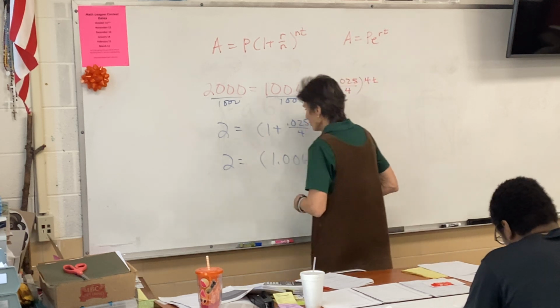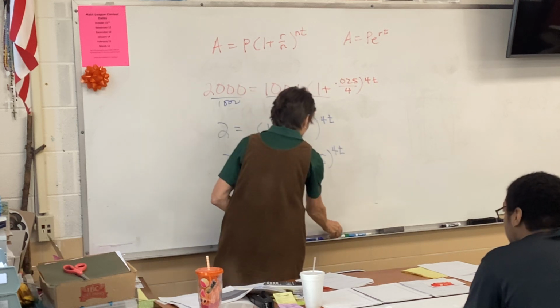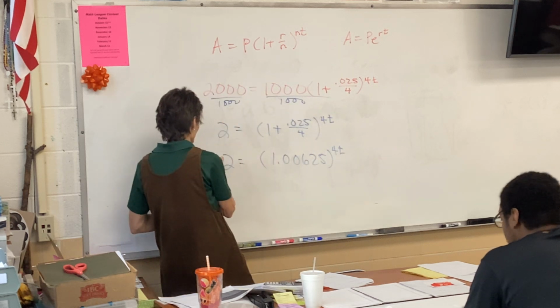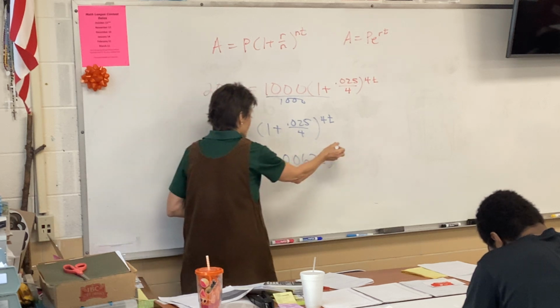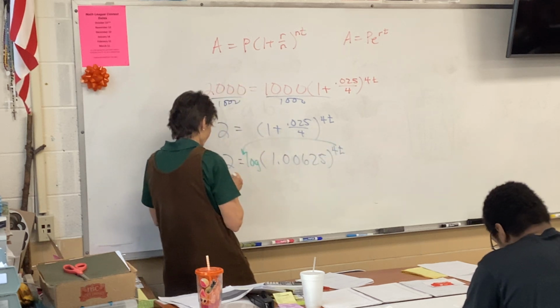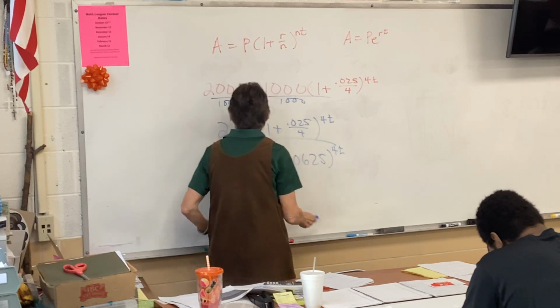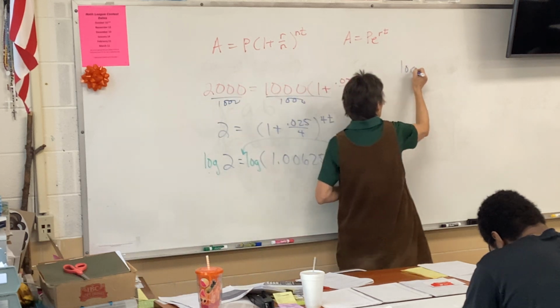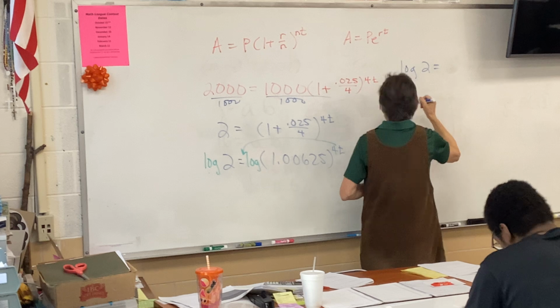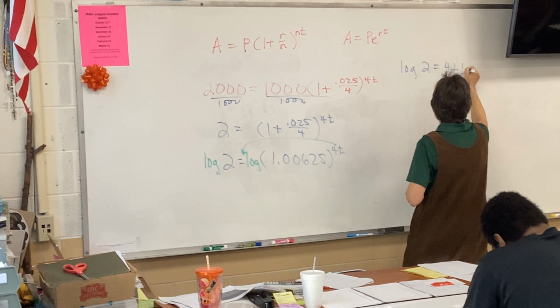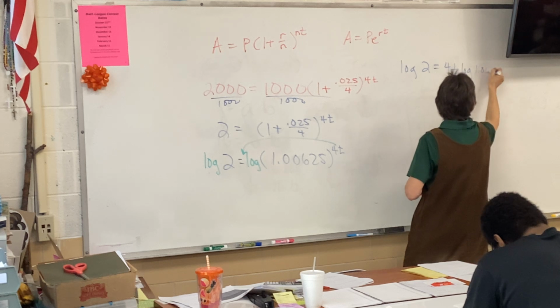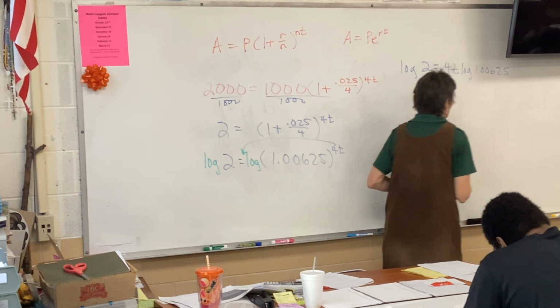We're going to take the logarithm of both sides. So stick a logarithm on both sides. The exponent is going to come out front. So I'm going to have log 2 equal to 4t log 1.00625.